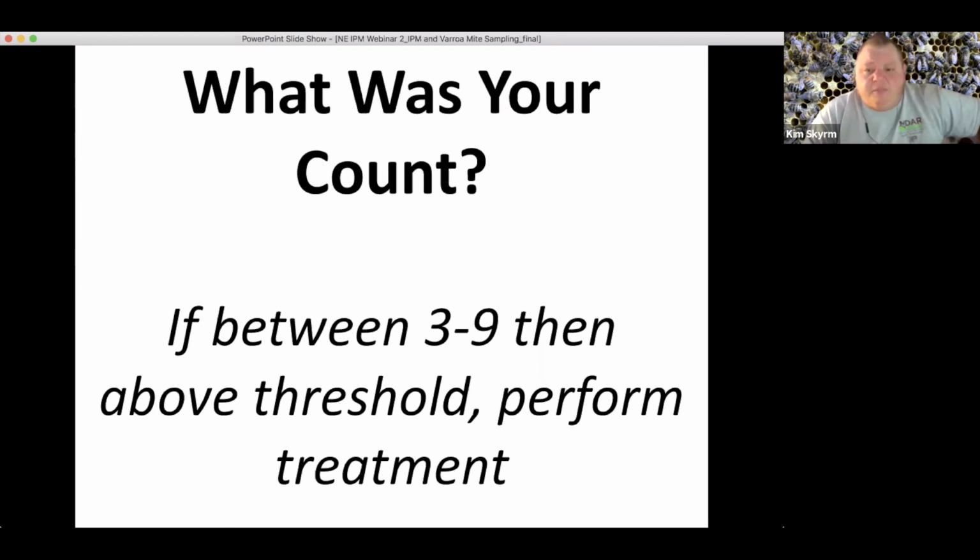So what I usually tell beekeepers is if it's less than 3, then at this point I would continue to monitor the hive, which would mean additional alcohol wash samples. And we often recommend doing them at least once per month. I do have some beekeepers that have done them as often as every day. I don't know how they have bees after that, doing it that often. And I obviously have beekeepers that do it once a week, but usually once a month is a really good level to do an alcohol wash.